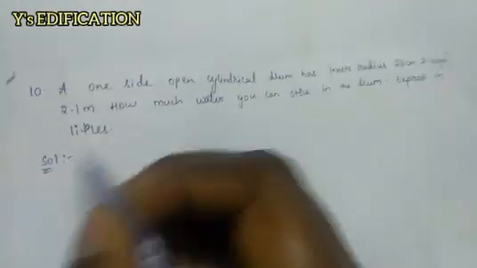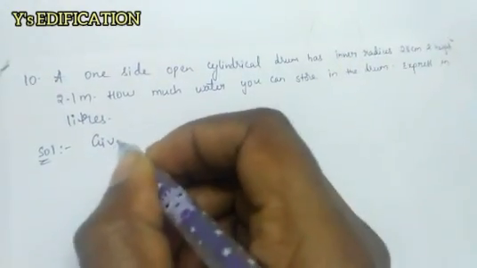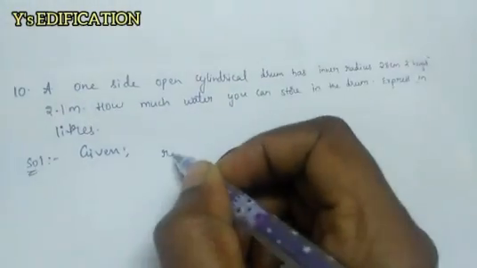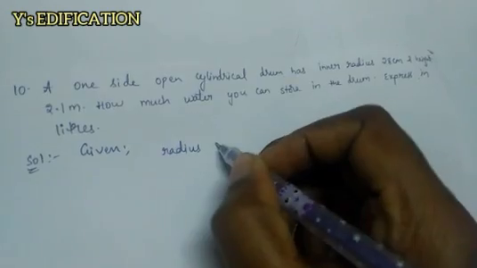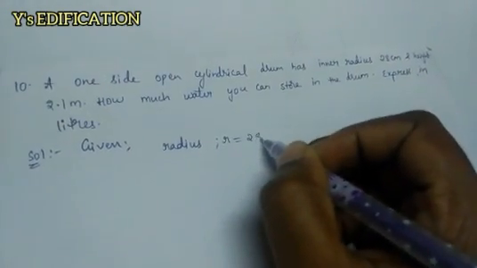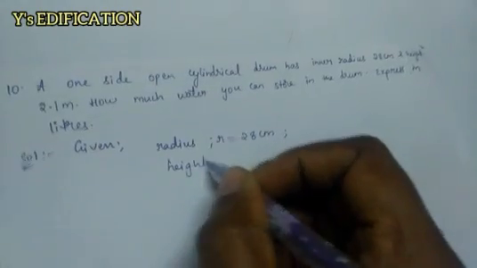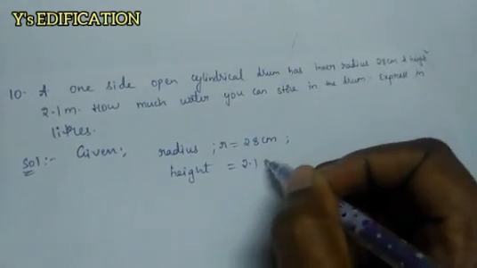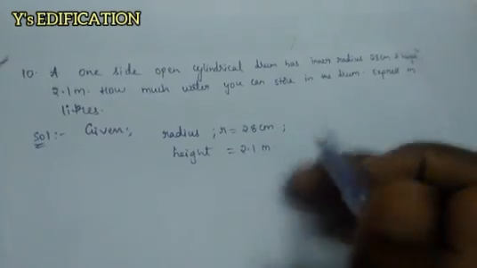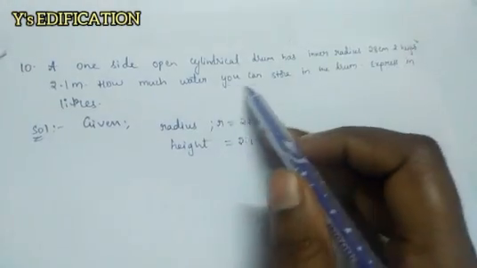So write down the given data. Inner radius r is equal to 28 centimeters. They directly gave the radius. Next, height, that is 2.1 meters.